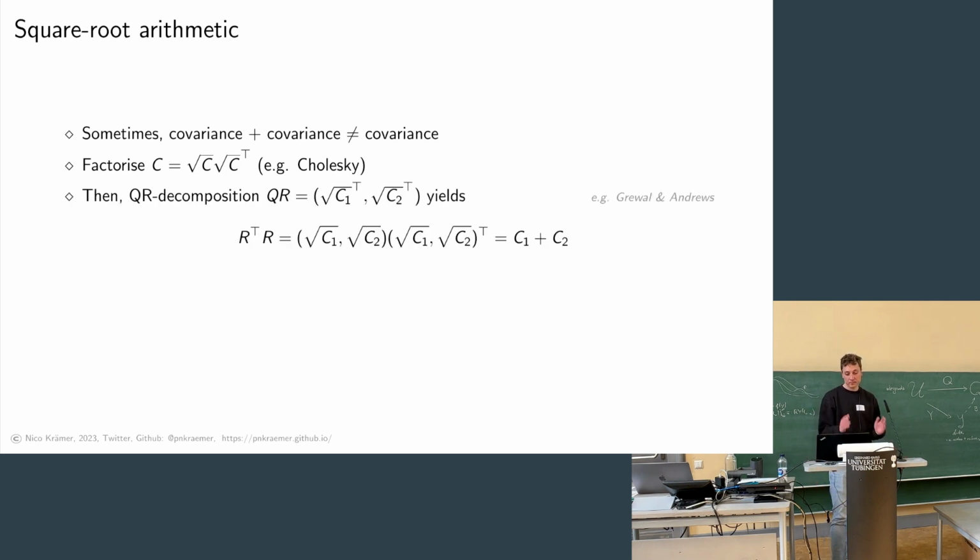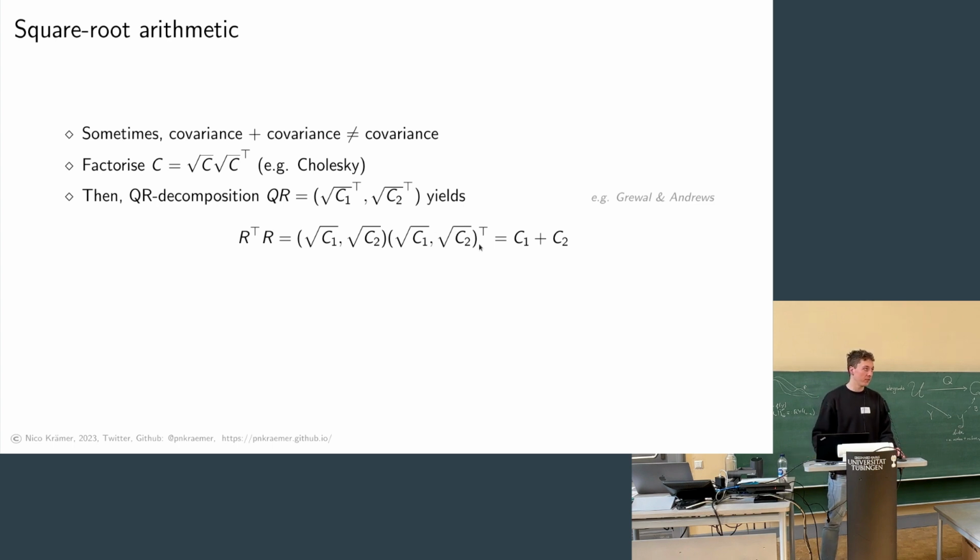For example, we can compute the sum of two covariance matrices purely from their Cholesky factors by QR decomposing the stack of those Cholesky factors, which yields R transpose R as the inner product of those matrices. And we see that, okay, that is C1 square root times C1 square root transpose plus C2 square root times C2 square root transpose.